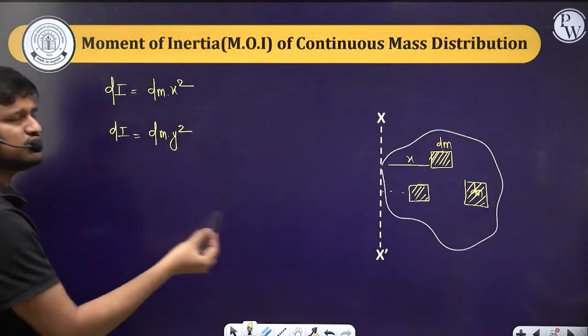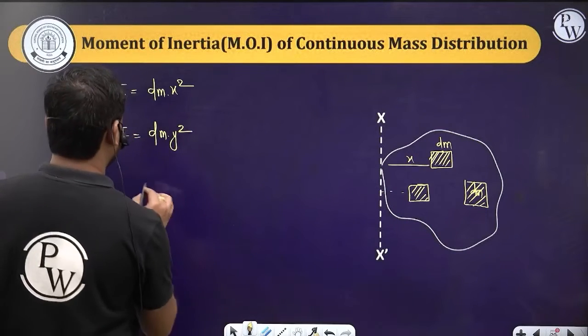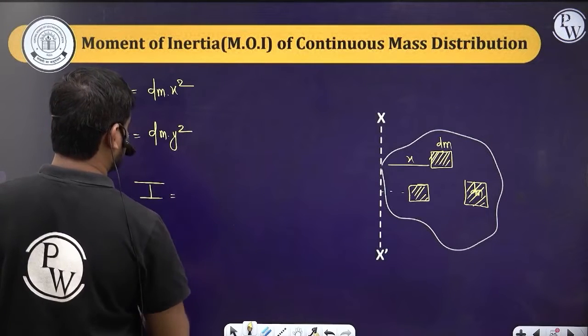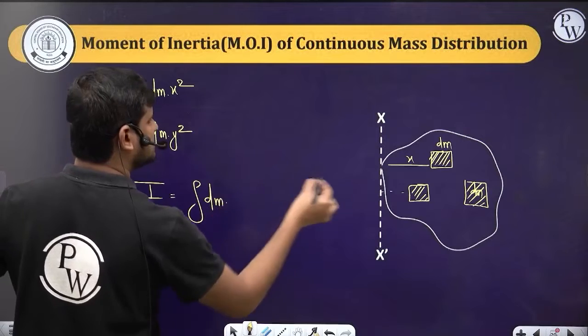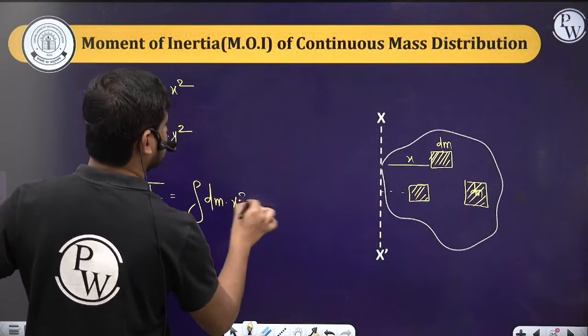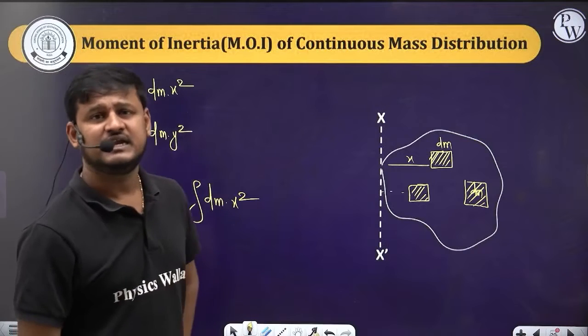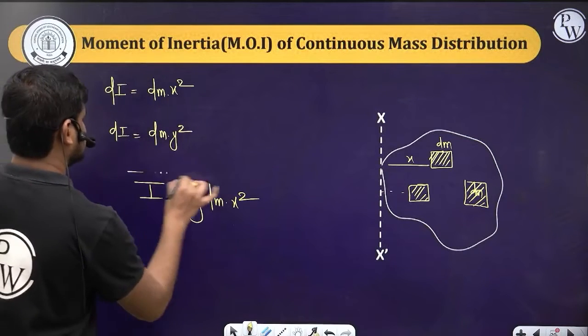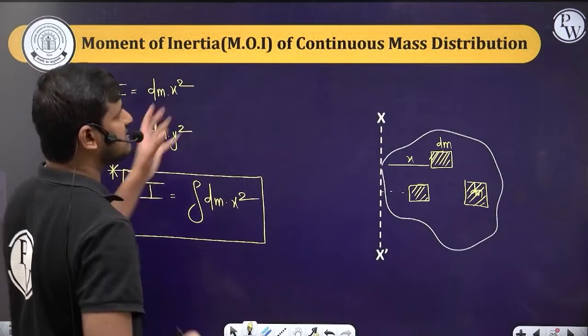Like that we calculate all the dm masses and then we integrate. So the total I equals the integration of dm into x square. This is the moment of inertia of a continuous mass distribution.